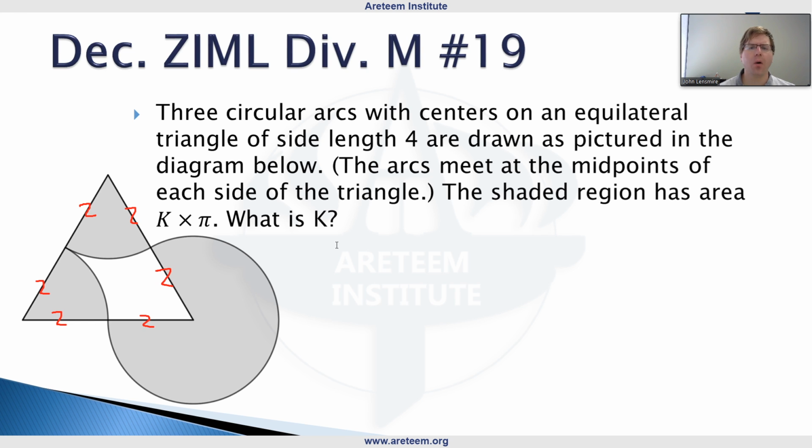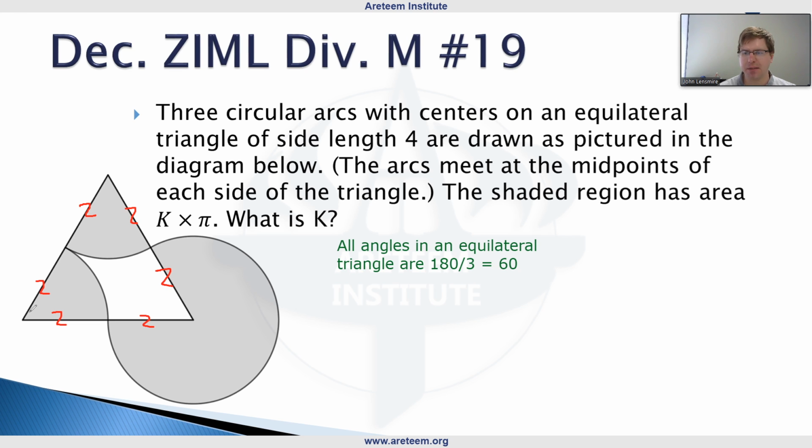So what are all the angles in an equilateral triangle? All of these angles are 60. So what is important here about the 60? Remember what a full circle is as well.